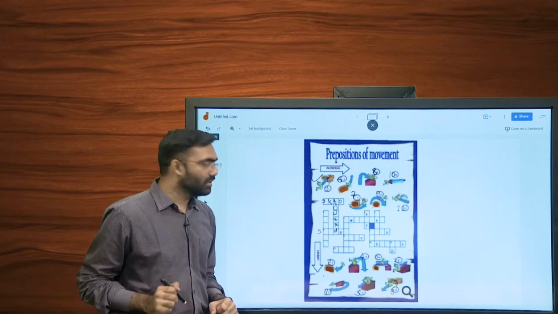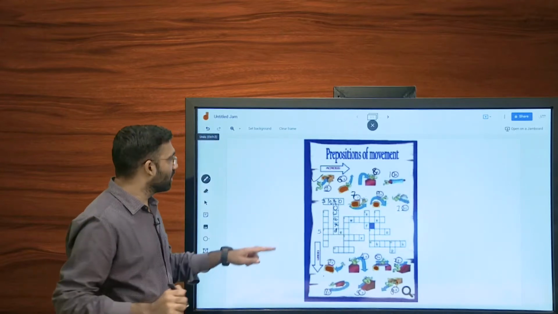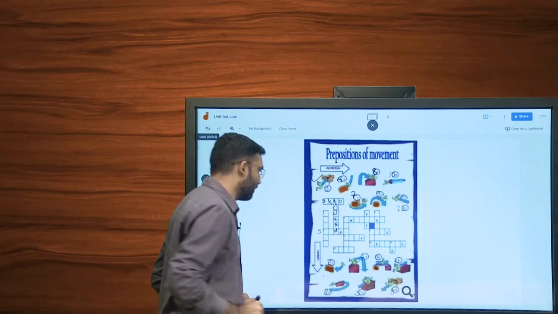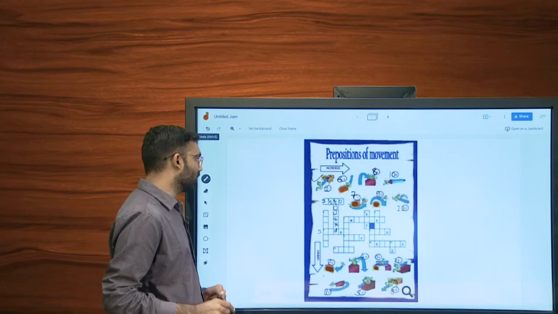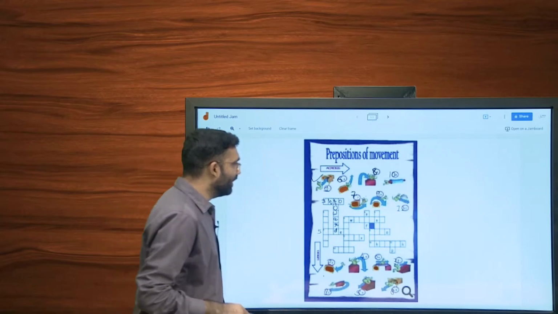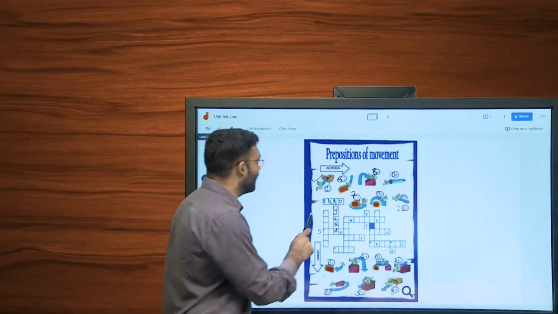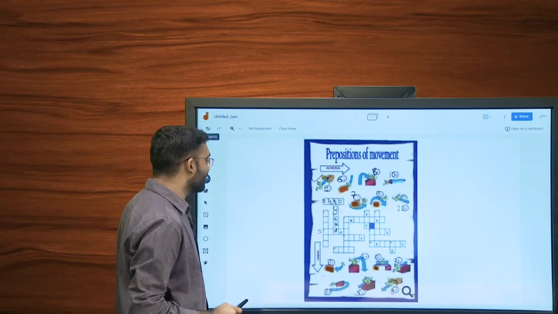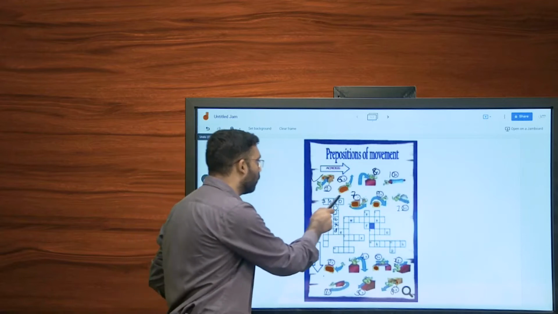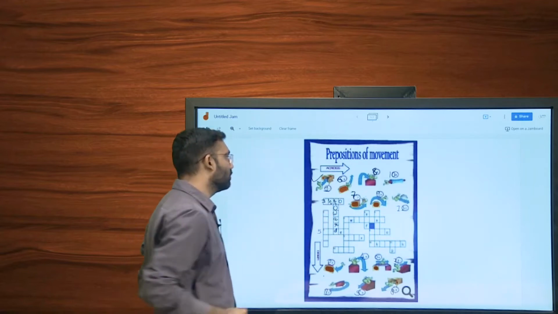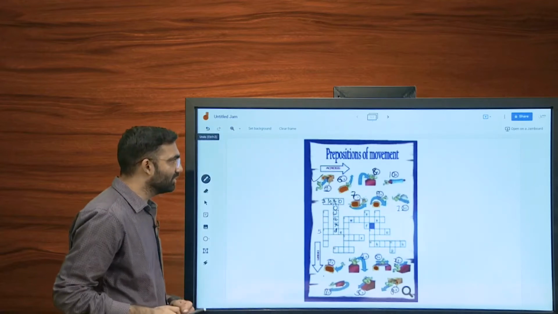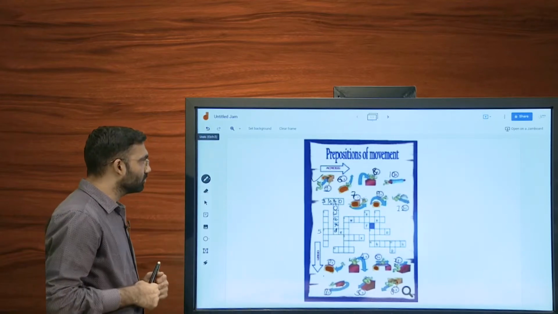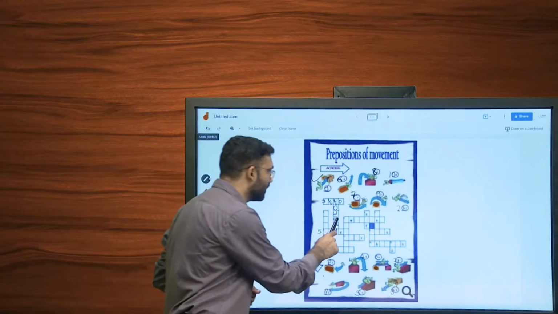Fine. So next one. Let's take this sixth one. What is it? Can you tell me? What does this show? Try to identify it. This is the sixth one.